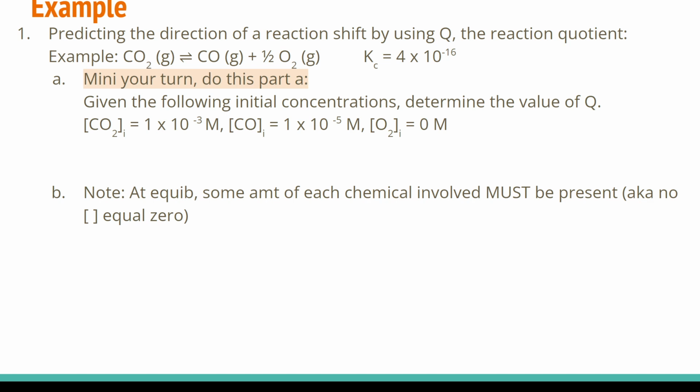That's the initial concentration. But it has to eventually compensate for that, because K has a value. You can't have something at 0. That doesn't make sense. You can't multiply by 0, you can't divide by 0 in order to get a K value. So that's just a quick little note.